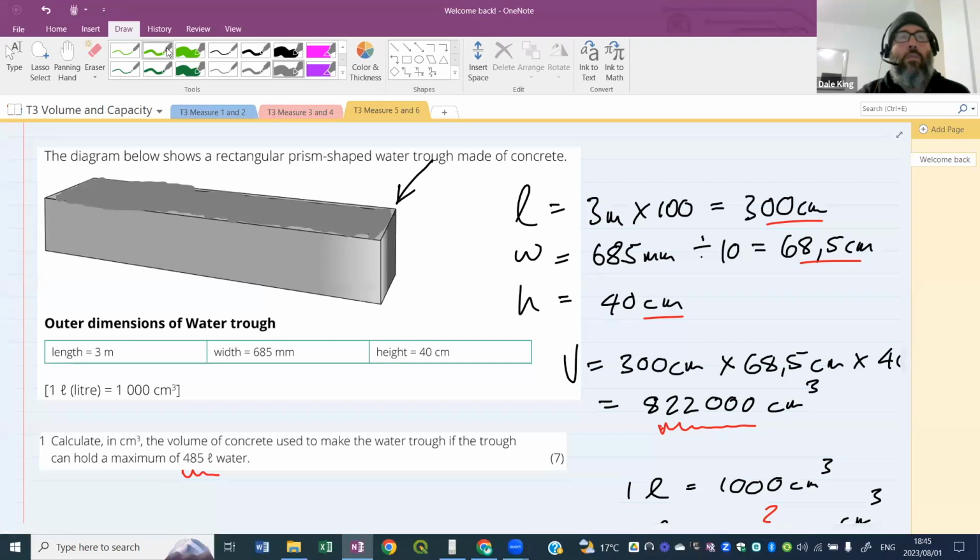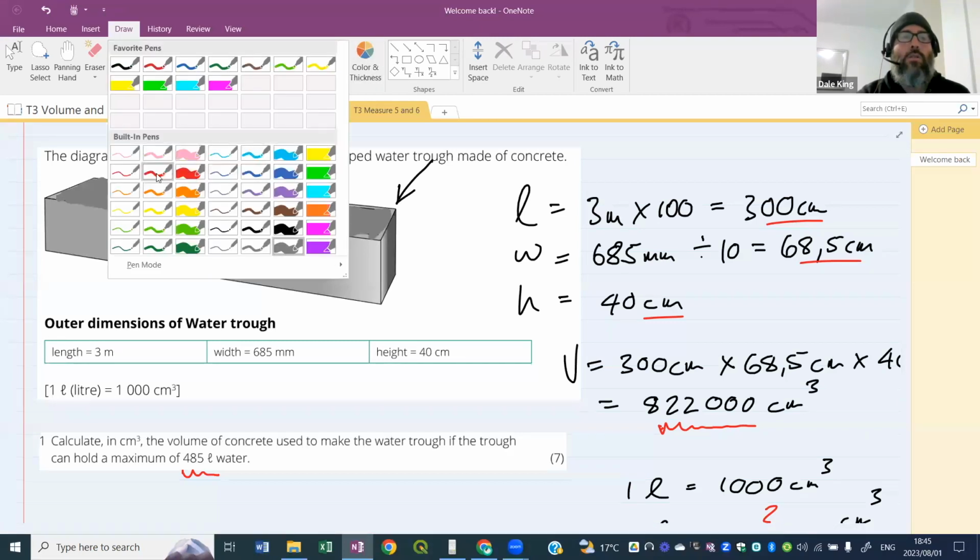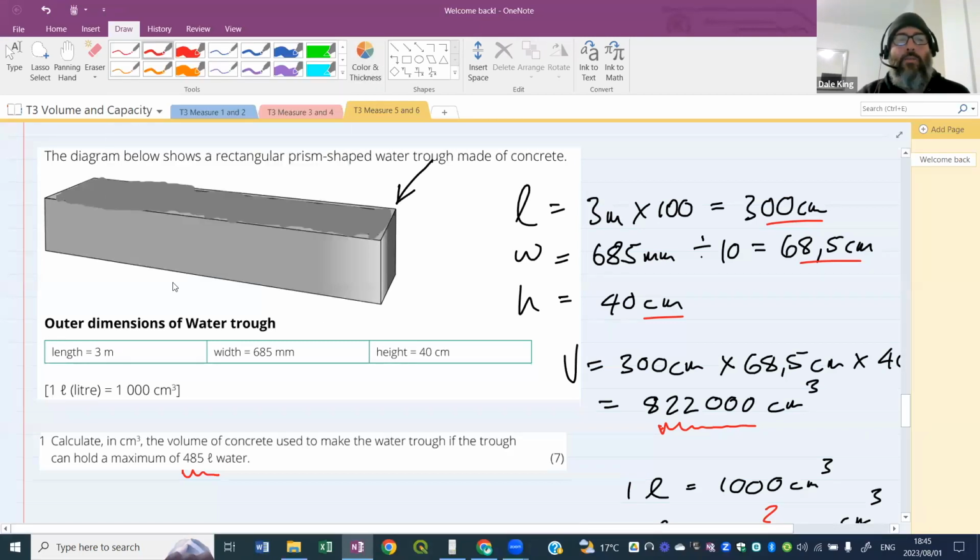That concrete solid block has dimensions, okay? I'm going to use centimeters now. Its length is 300 centimeters. Its width is 68.5 centimeters. And its height is 40 centimeters.